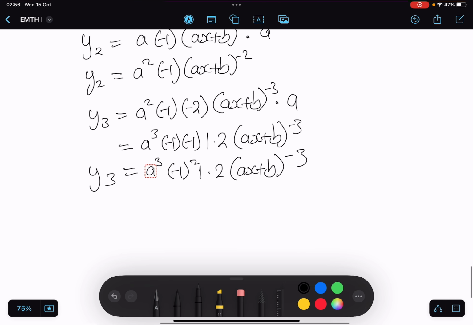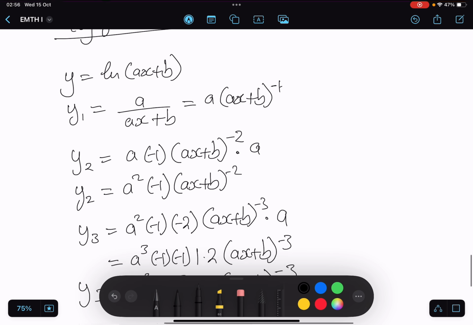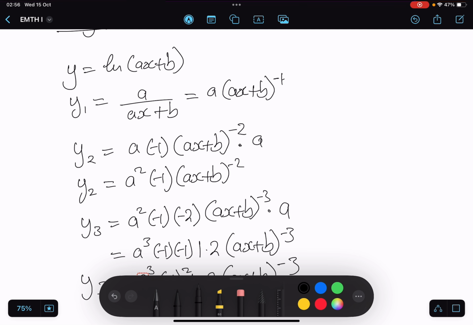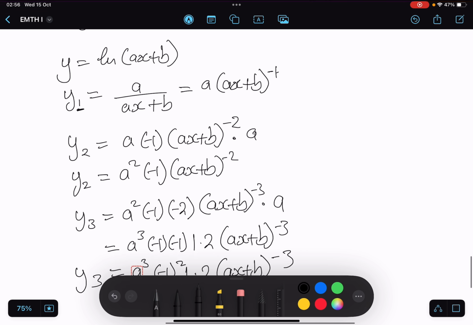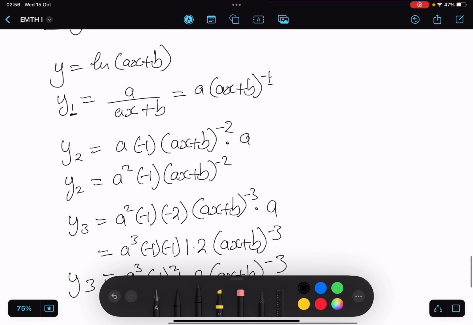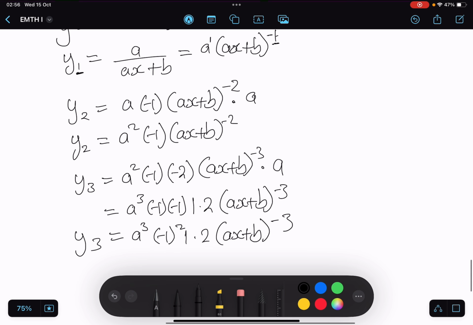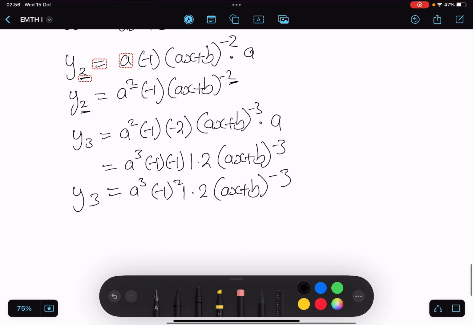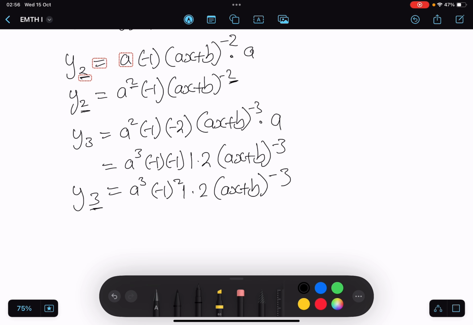So from this one, I want us to look at the pattern again. For the first derivative y1, the power of a is 1. For y2, the power of a is 2. For y3, the power of a is 3, right?